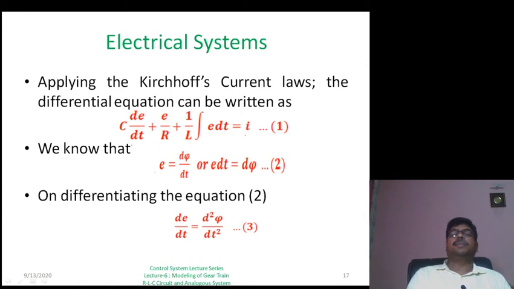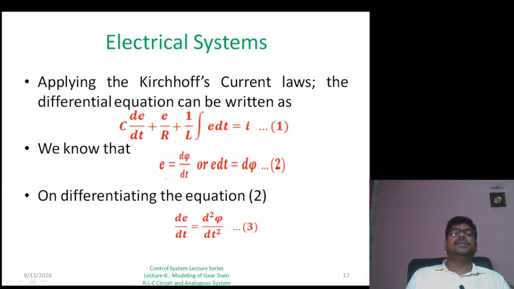If we want to express this expression in terms of the flux, we know that the voltage depends upon the change in the flux, so E equal to d phi by dt, or E dt equal to d phi.